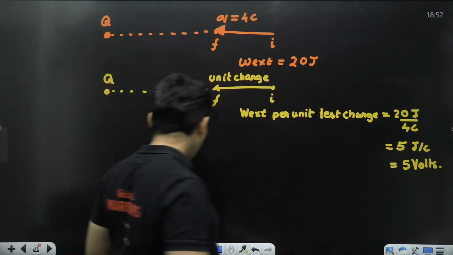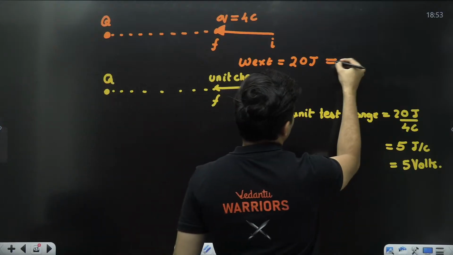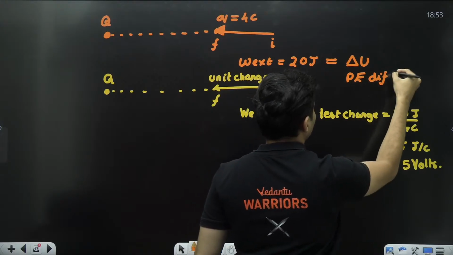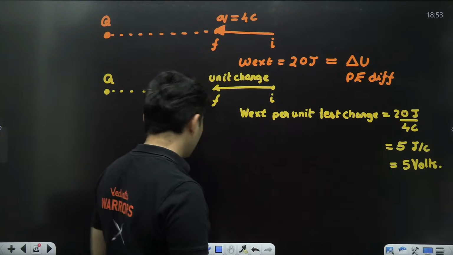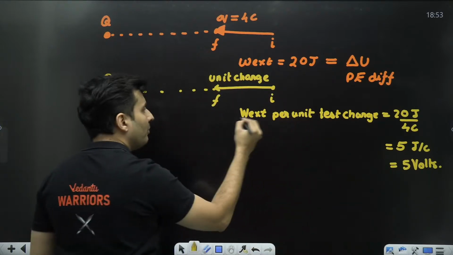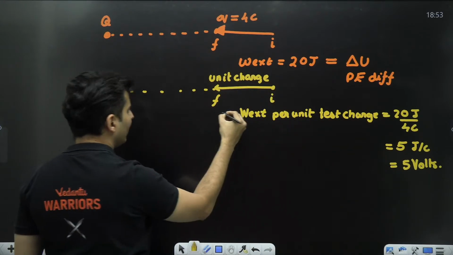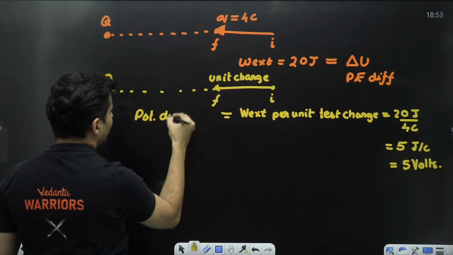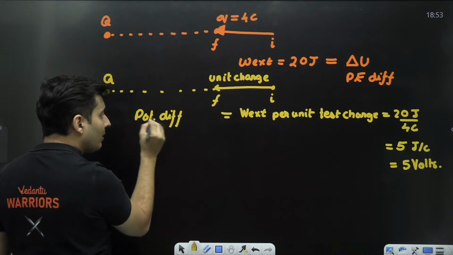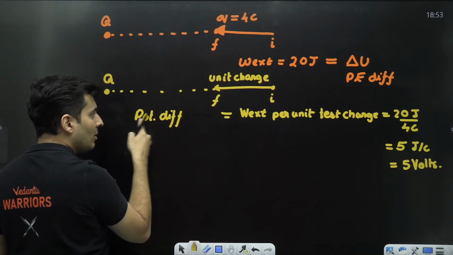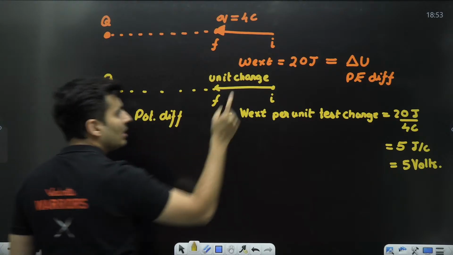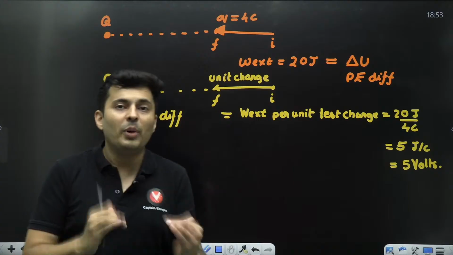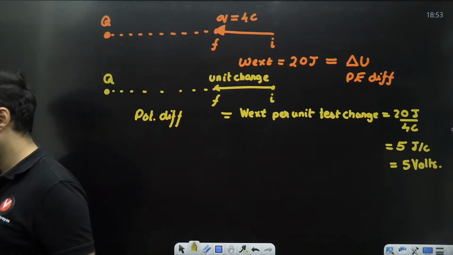Just like this work done was giving me potential energy difference, this work done per unit test charge from one point to another gives you potential difference. Potential difference, not energy. Remember this. This is not just potential energy. This is potential energy difference. So when you divide it per coulomb, what you get is potential difference.